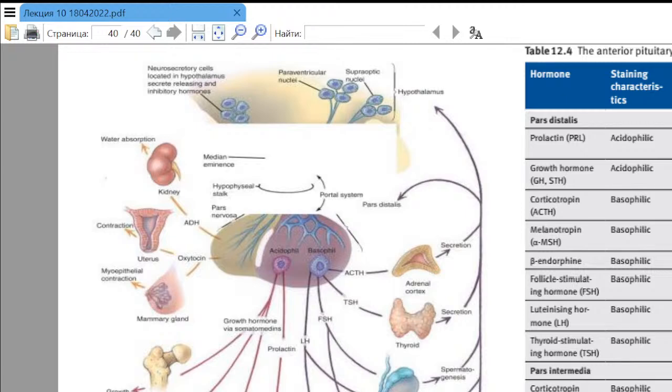Next hormone, thyroid stimulating hormone, which regulates the thyroid gland. And others.